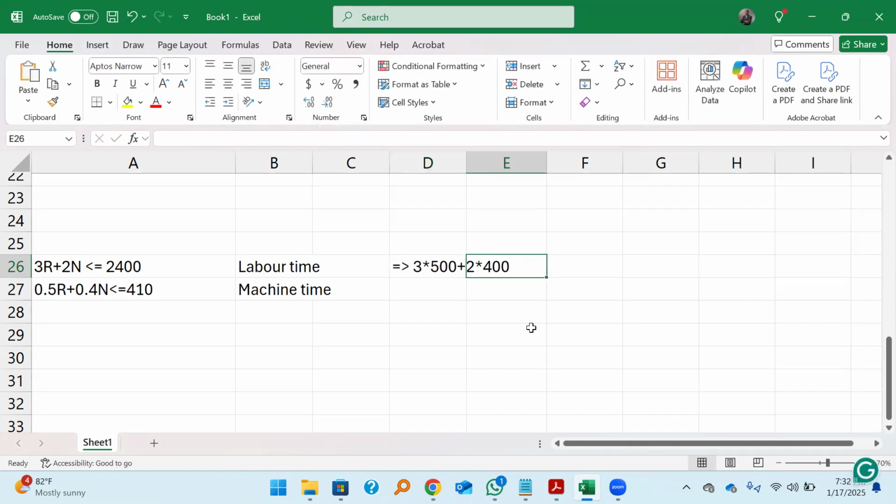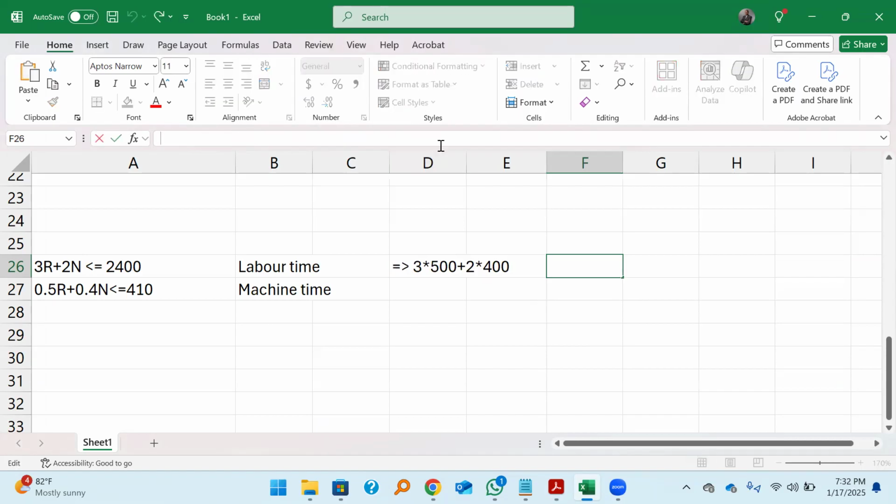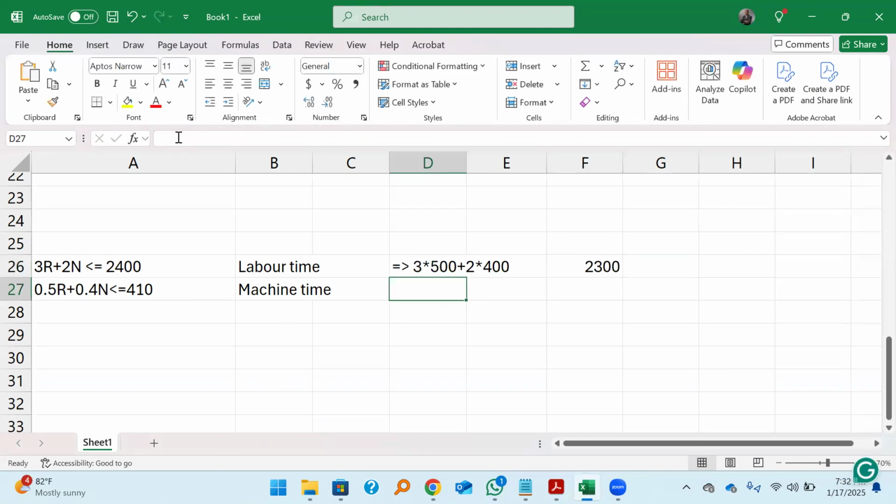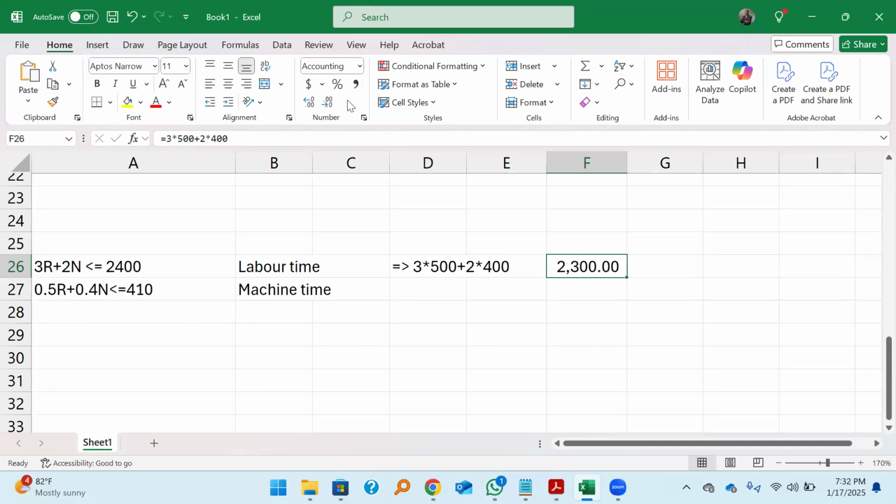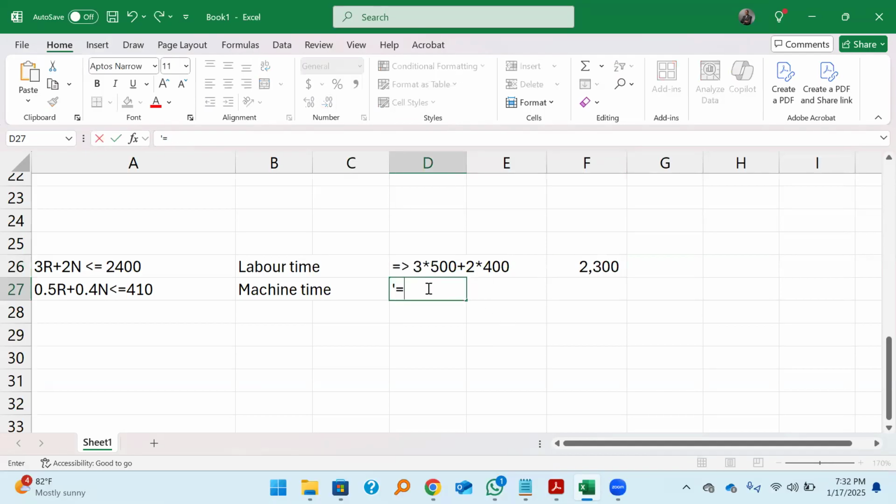So let us see what it gives us. It gives us 2,300.